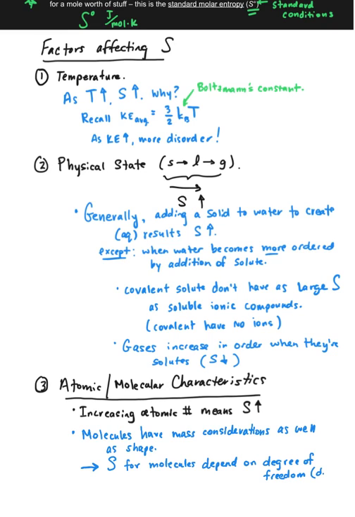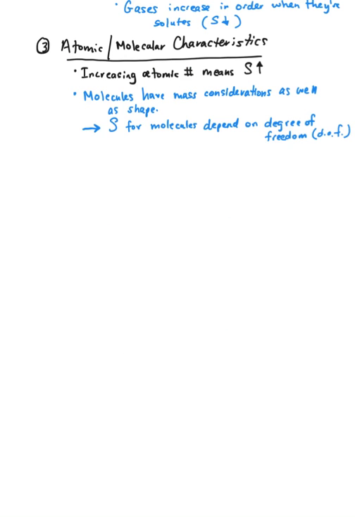We won't belabor this idea, but we do need to explore it to some extent. This concept of degrees of freedom refers to all the ways in which a molecule can spread out or disorder, all of the things that it does. The types of things that a molecule can do: molecules can move through space. This is called translation, moving from one place to another.